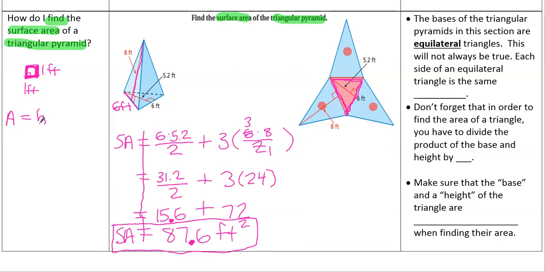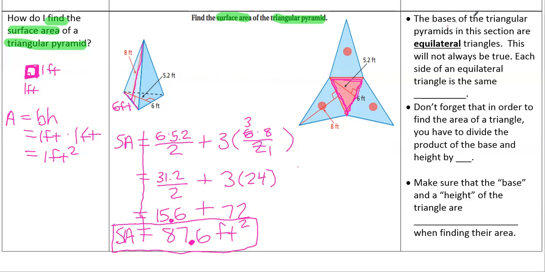So technically it's base times height, or base times base. 1 foot times 1 foot. Just to make sure you remember, 1 times 1 is 1, feet times feet is feet squared. That's why we call this squared, because if you find the area of a square, it's 1 foot squared.